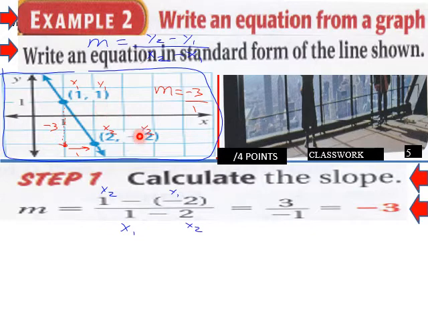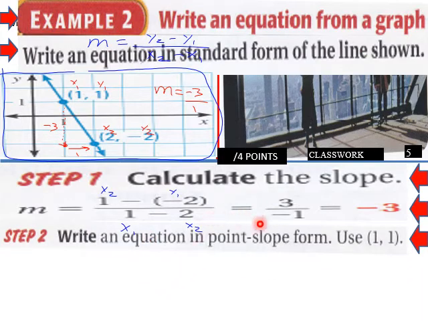I've labeled this the other way, but it doesn't matter. So it comes out to negative 3. 1 minus, this is positive 2. And then this is negative 1, so it's negative 3. It's a falling line here, so you know it's got negative slope.